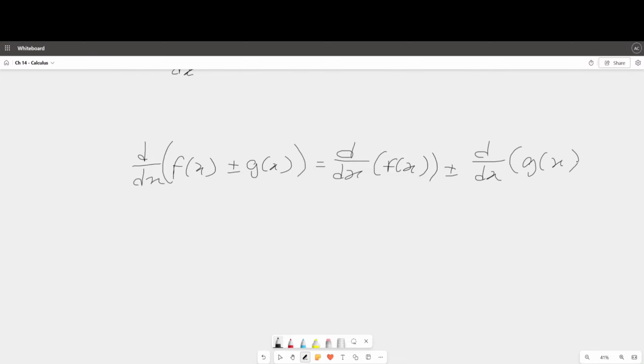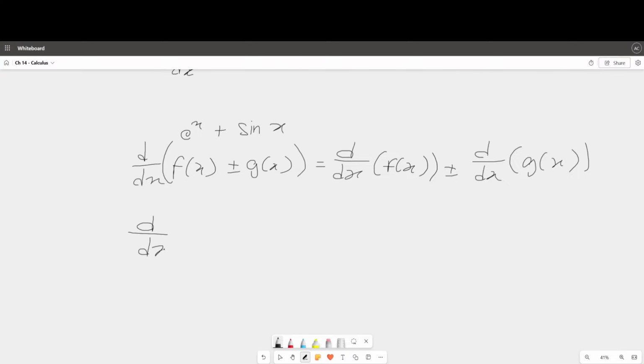Now this may seem counterintuitive. Why compute two derivatives instead of just being able to do one? Well, in some cases, if we were given, let's say, e to the power x plus sine x, you can't add these, so how would you do this? Well, you'll obviously have to split them and find the derivatives for each separately, and I'll come to how to do that in just a second.